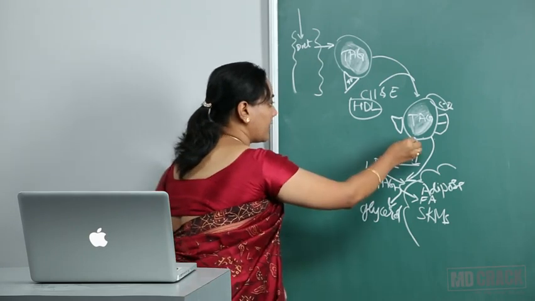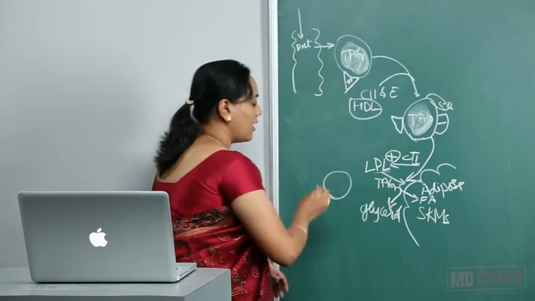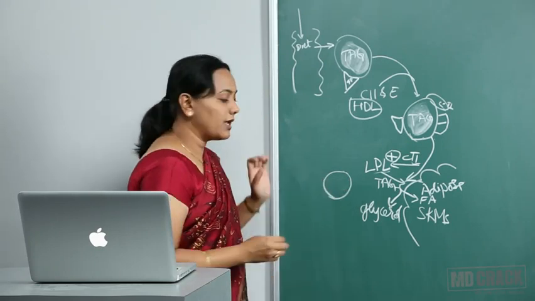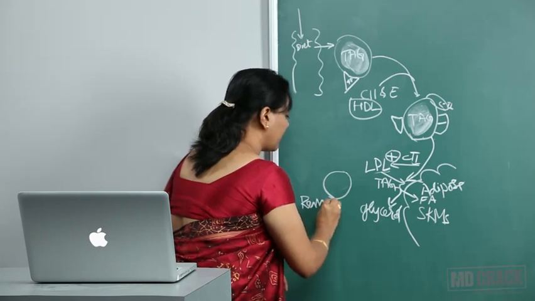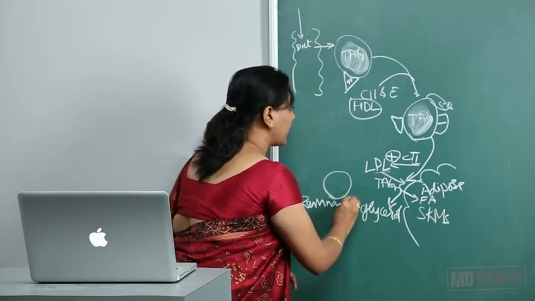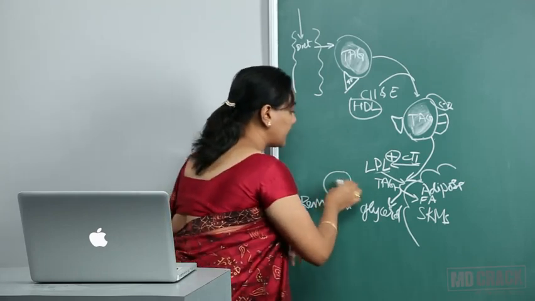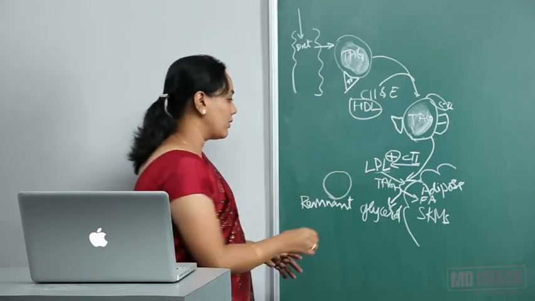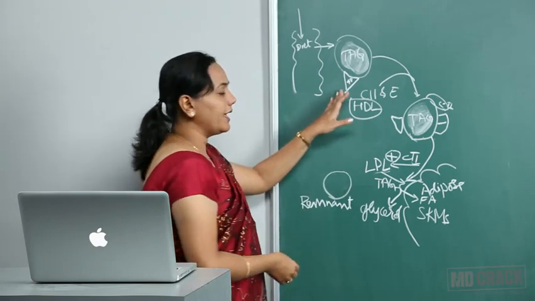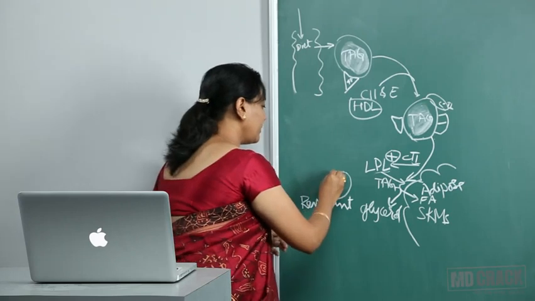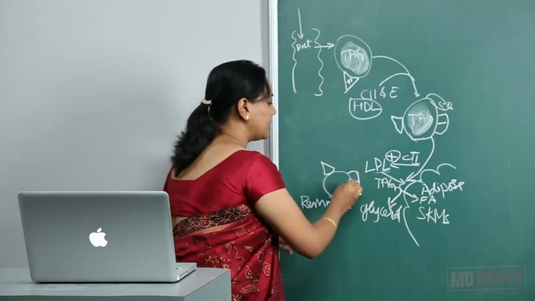What is formed is a smaller lipoprotein. Now it is called a remnant. What is the difference between a chylomicron and a chylomicron remnant? It is depleted of triacylglycerol and contains mainly ApoB48 and ApoE. Those ApoB48 and ApoE will still be there.